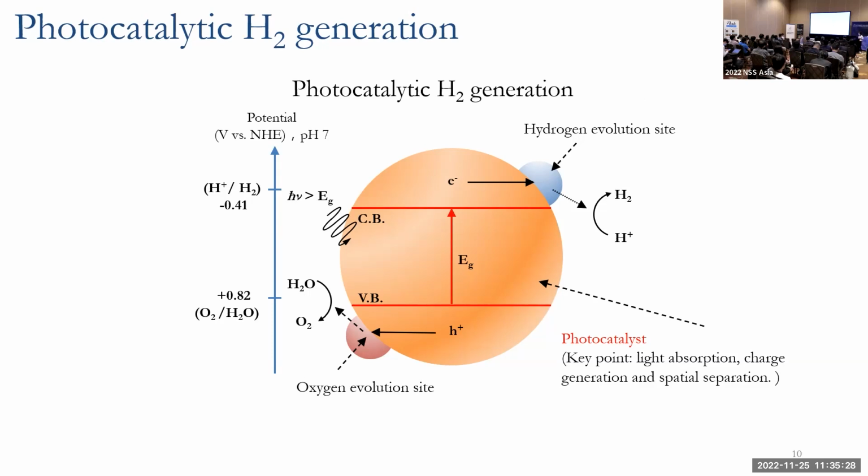And from this figure, we can see that the photocatalyst is the key point because it determines the light absorption, charge generation, and also the charge separation, spatial separation required for hydrogen generation.